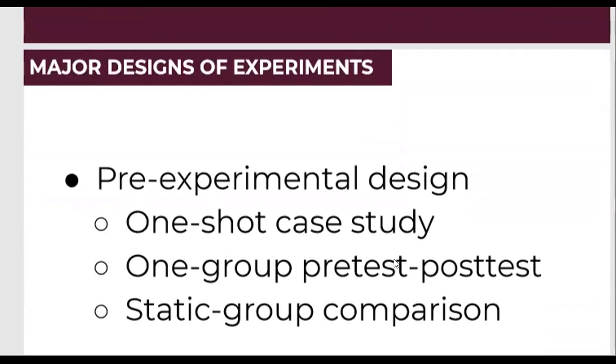Okay, so with the manipulation of the independent variable, the researcher will learn about how the independent variable may likely affect the dependent variable, but this design is deficient in such a way that it lacks a control group or pretest to compare the effect of the independent variable to the dependent variable.